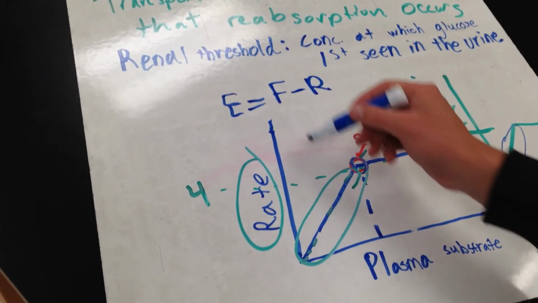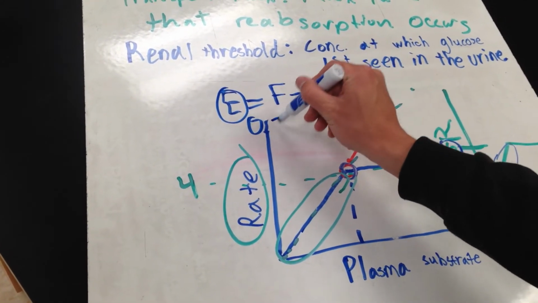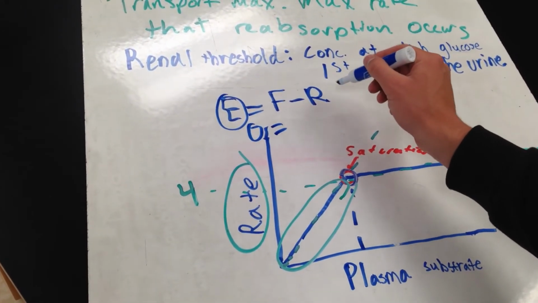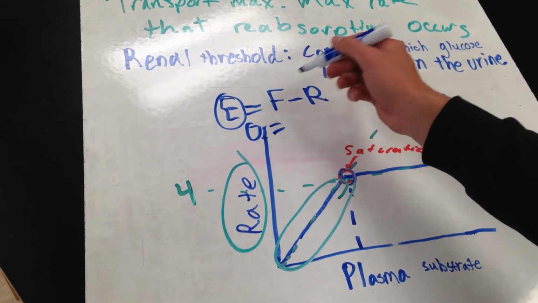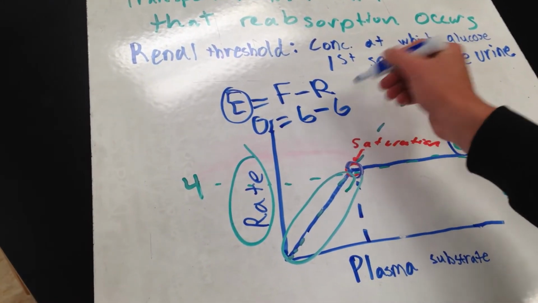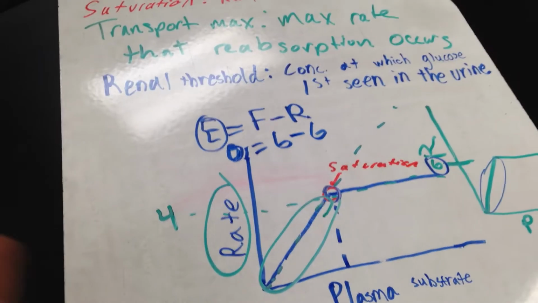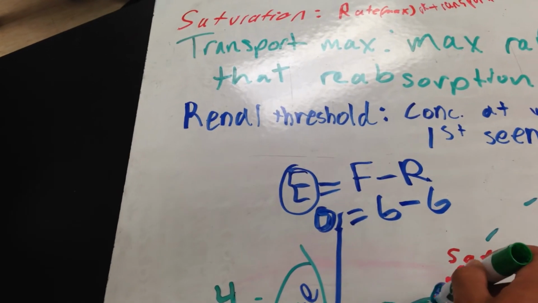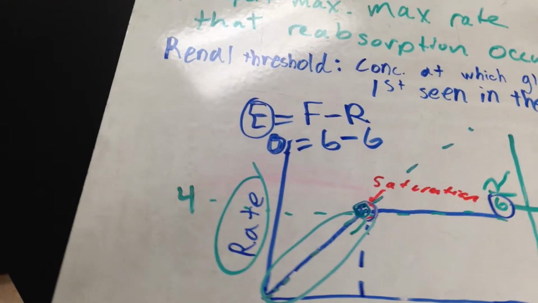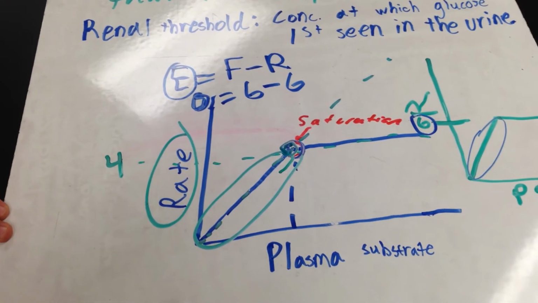Ideally, your excretion amount should be 0 when your filtration and your reabsorption are equal to each other. So let's say your filtration is 6 and your reabsorption is 6, then obviously your excretion amount is 0. That would be like the max point right here, because you're not having any glucose in the urine at that point.